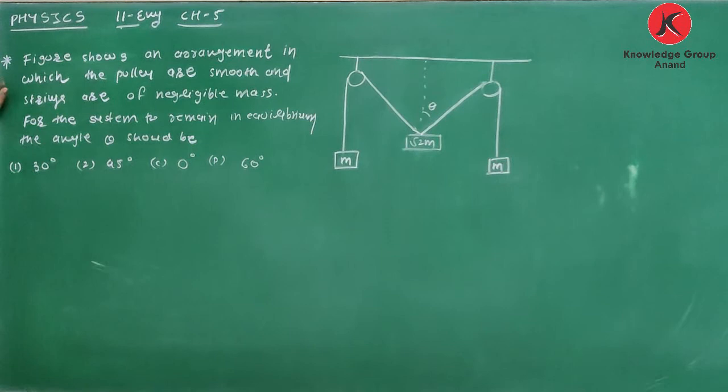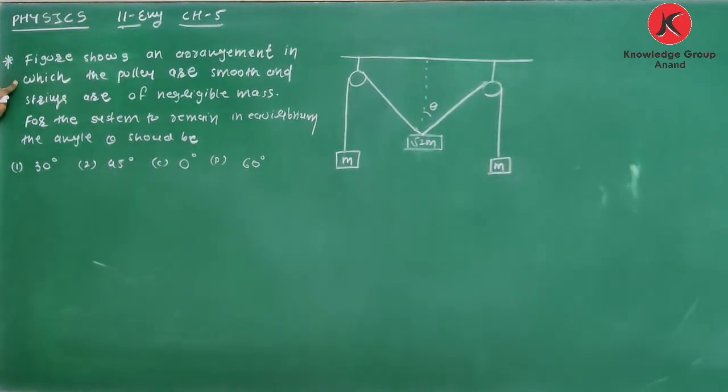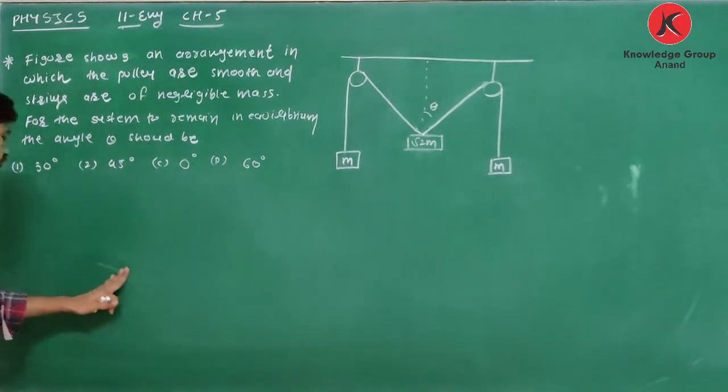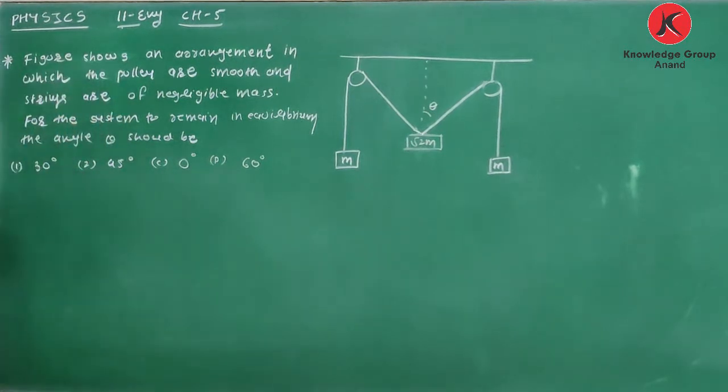Figure shows an arrangement in which the pulleys are smooth and strings are of negligible mass. For the system to remain in equilibrium, the angle theta should be, you have to find what is the angle.